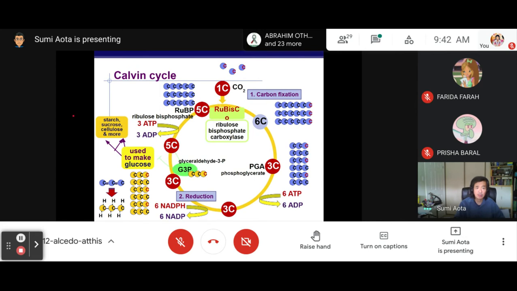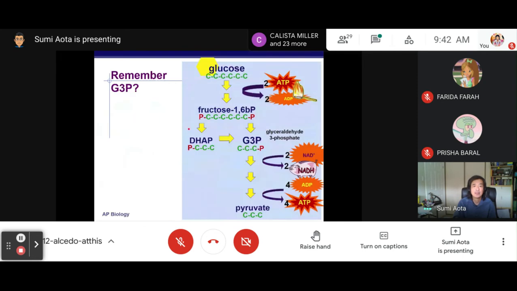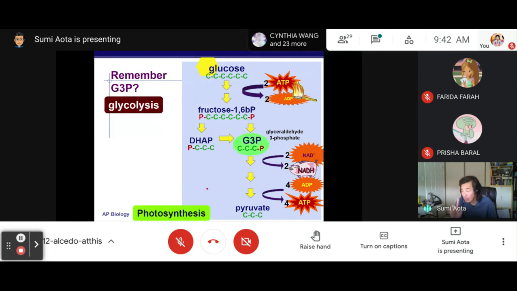Okay, so we're back to the RUBP. Remember the G3P, right? We had it in glycolysis. What we're doing in photosynthesis, from the Calvin cycle, is we're basically coming here and running up.